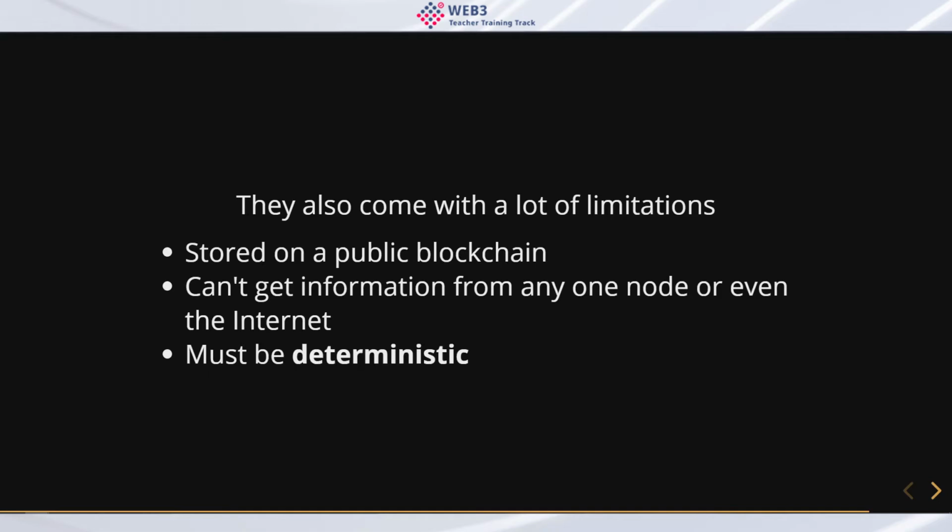Because it has to be deterministic, meaning it has to be the same. The result of your smart contract's execution has to be the same no matter what node is executing it. So, what if a node, for some reason, can't access the website you're trying to access? Well, then it wouldn't be deterministic.